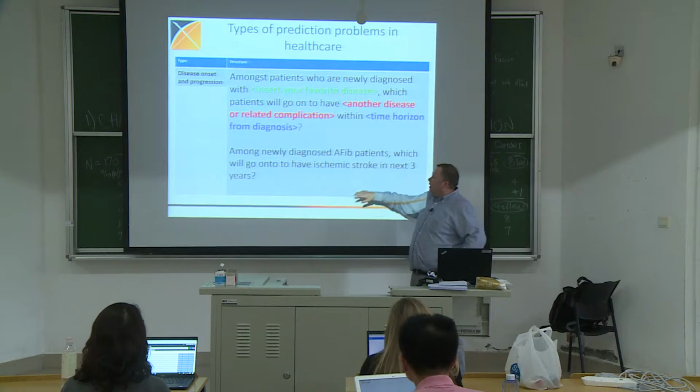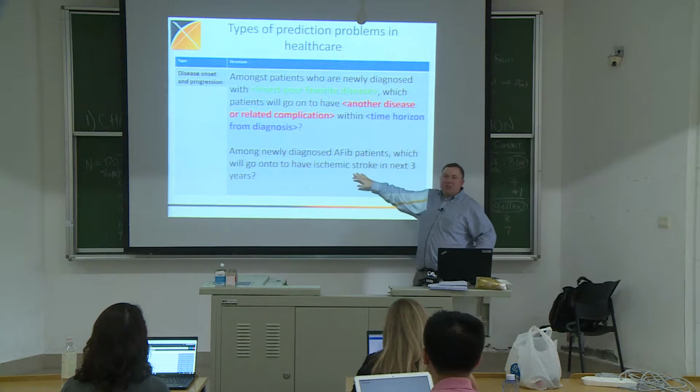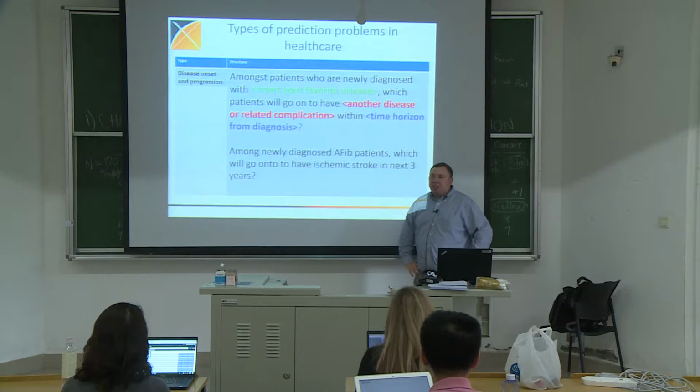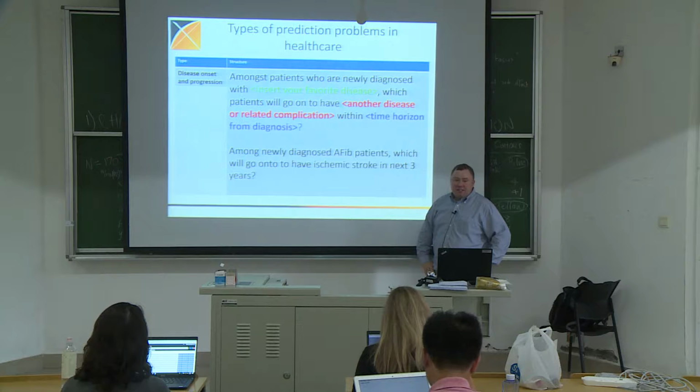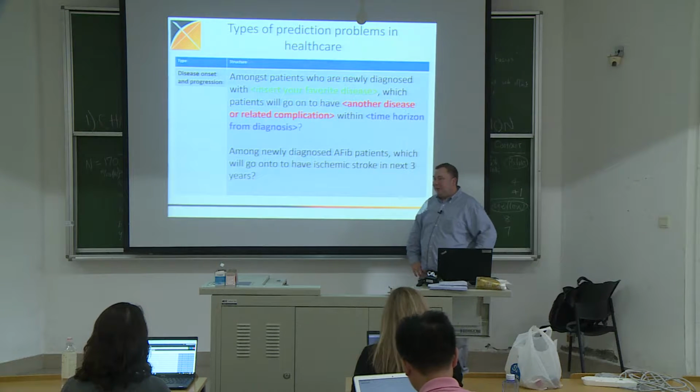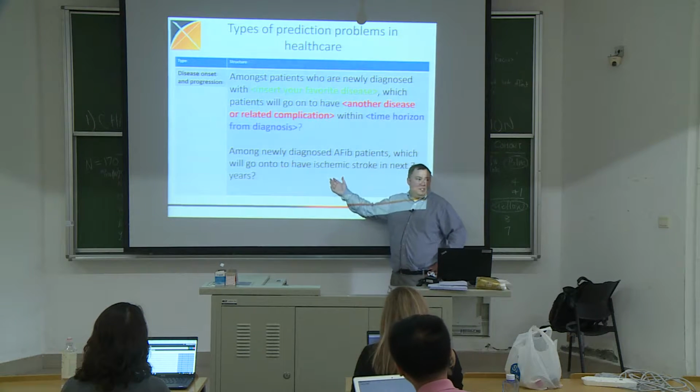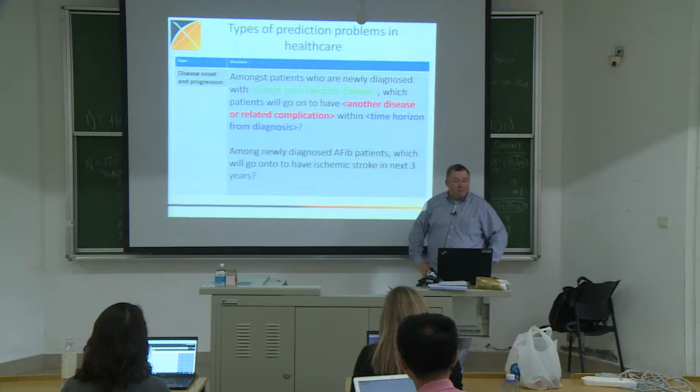An example of this would be, amongst patients newly diagnosed with atrial fibrillation, which patients go on to have an ischemic stroke in the next 3 years? That would be an example of a disease progression prediction problem.